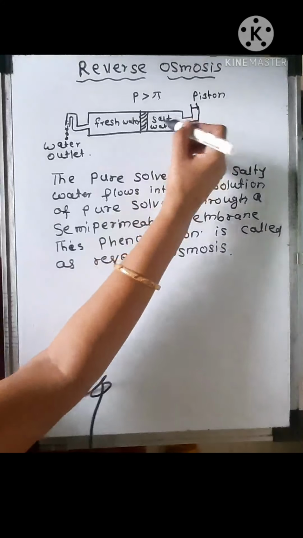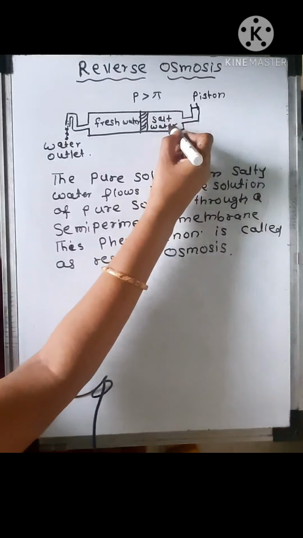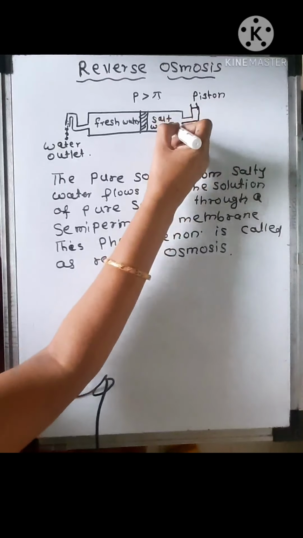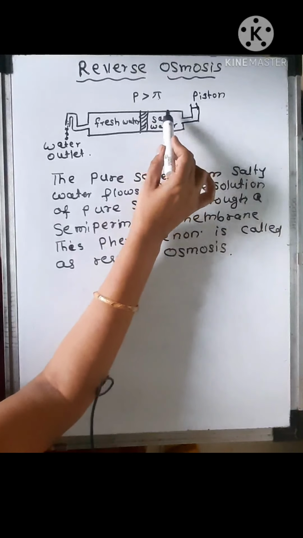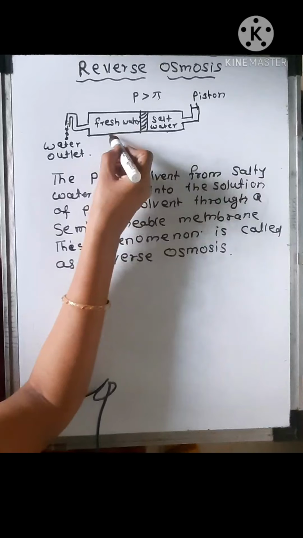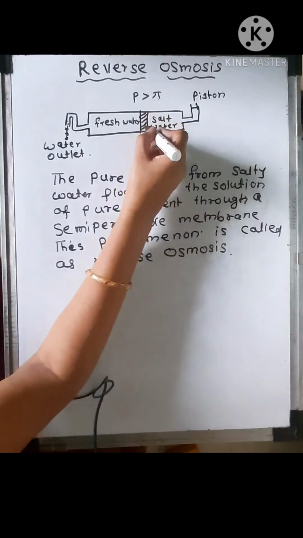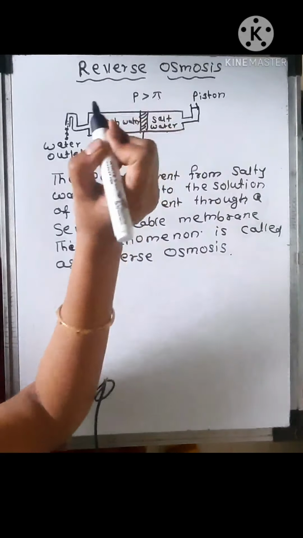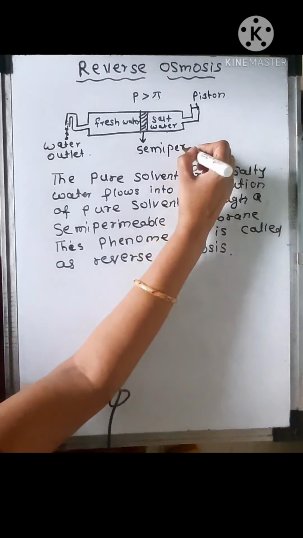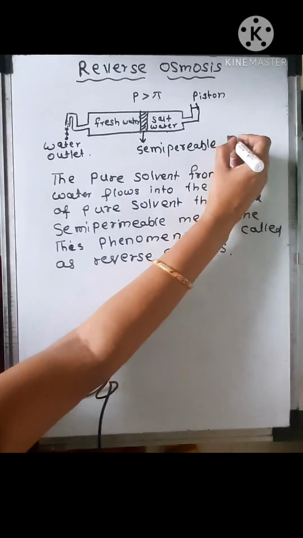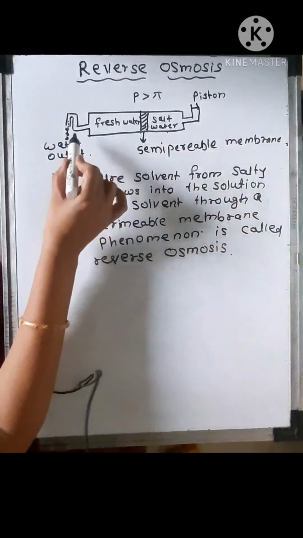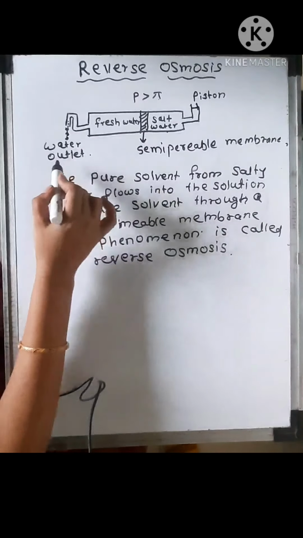And look at this diagram. This is salty water and this is a piston. We can apply pressure on this, and then from salty water only solvent flows through a semi-permeable membrane into the fresh water, and we get pure water from the tap, that is the outlet.